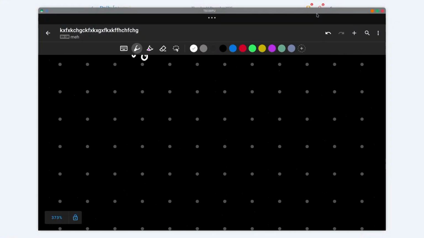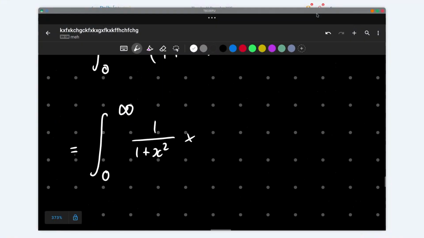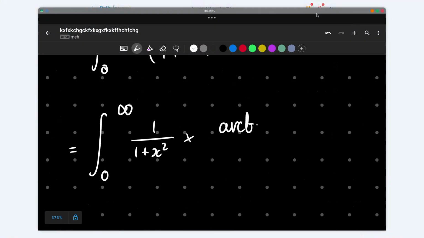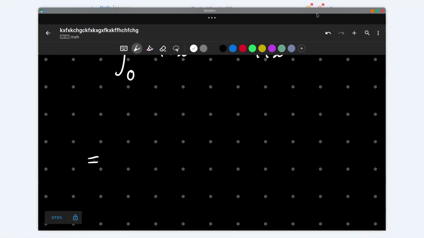We could just start off with, actually, if we wrote this as, this could either be genius or stupid, 1 over 1 plus x squared times arctan x over 1 plus x squared, we could then do it by parts.